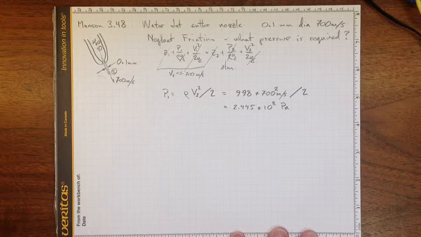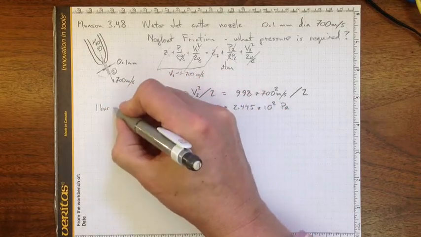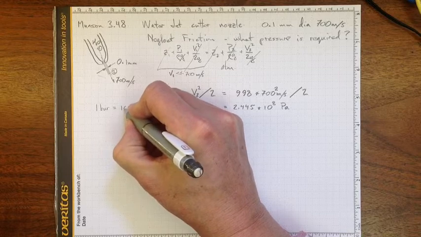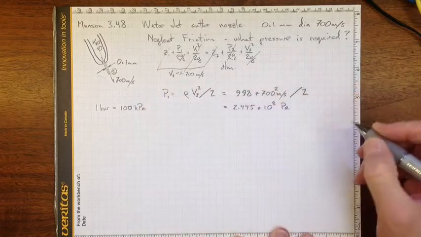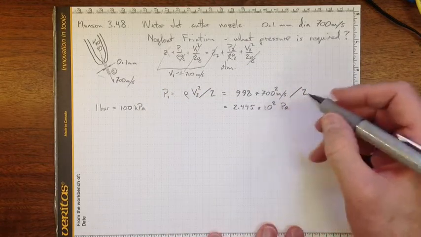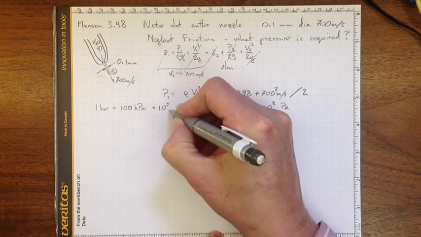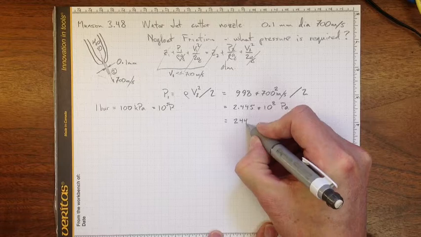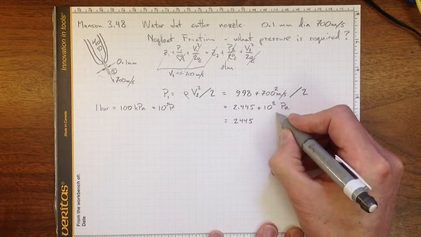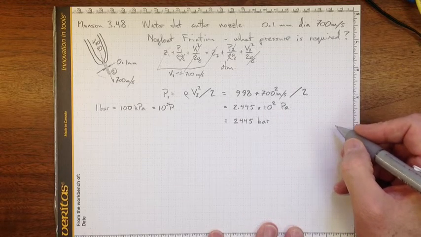Now let's try to put that into the context of numbers that we understand. 1 bar, roughly 1 atmosphere, is 100,000 pascals or 100 kilopascals, or 10 to the 5 pascals. So that will be 2,445 times 10 to the 5, or 2,445 bar. That's still a very high pressure.